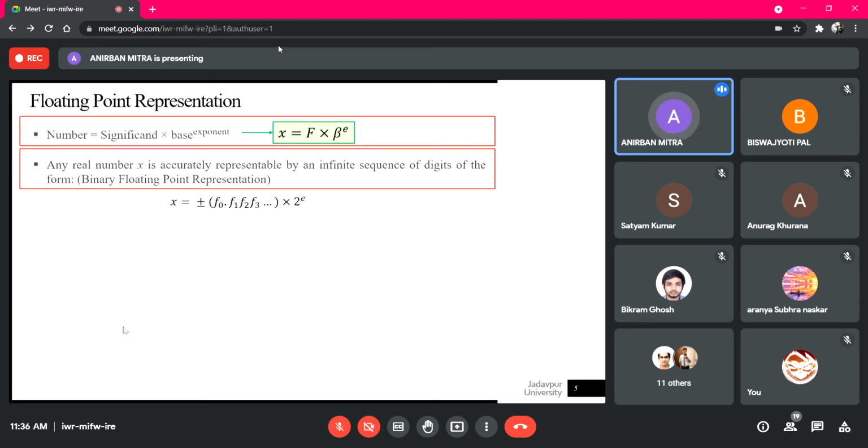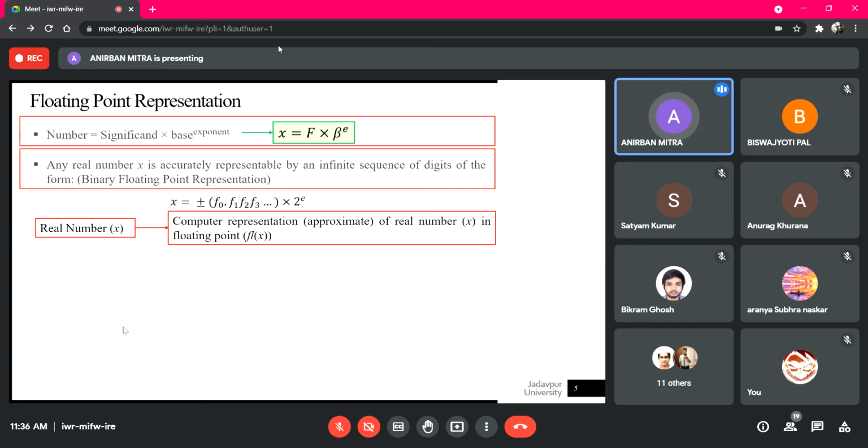Again, I remind you that this is x we are talking about. This is the real number. As yet, no approximations. But of course, now we have to go from the real number to the computer representation of the real number given by fl(x). This is an approximate representation, obviously a floating point representation.